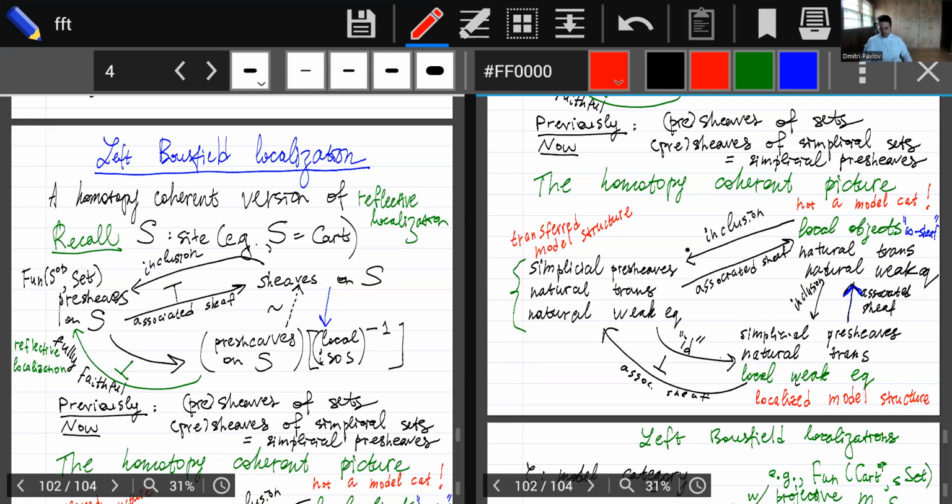But itself, it's not a model category because, for example, local objects typically do not admit finite limits or finite colimits in the categorical sense. So it's this absence of limits or colimits that prevents us from calling this a model category.